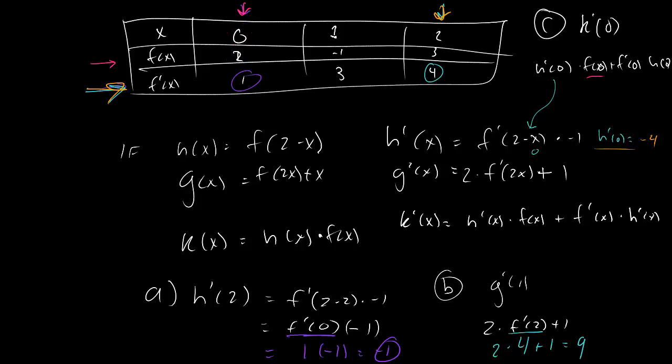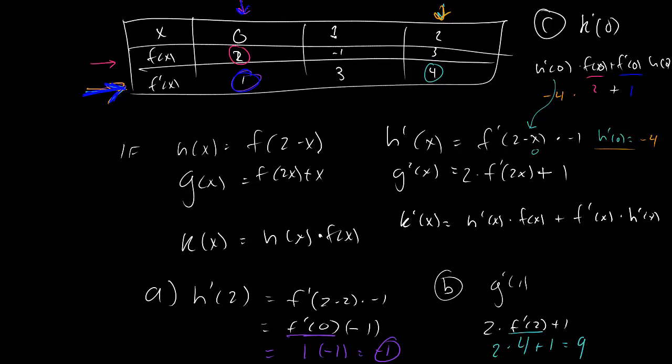Oh, I look at this, and I get 2. So this is 2, and I said the other piece was negative 4 times 2. And then now I'm going to add on f prime of 0. Well, f prime of 0, so I look at my f prime column, and I'm looking at 0. Again, it's 1.